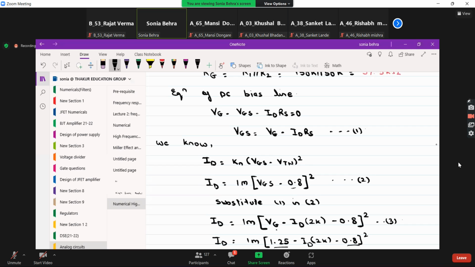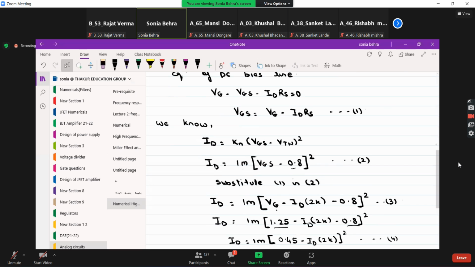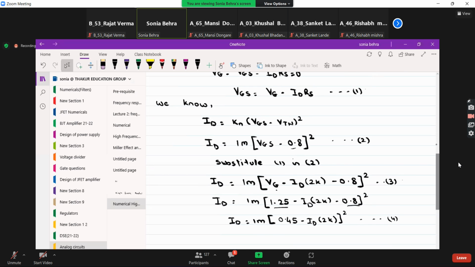Now just solve your equation 4 in your calculator and find out the value of ID. Two values of ID will come because this is a quadratic equation. Solve equation 4 and get the value of ID.